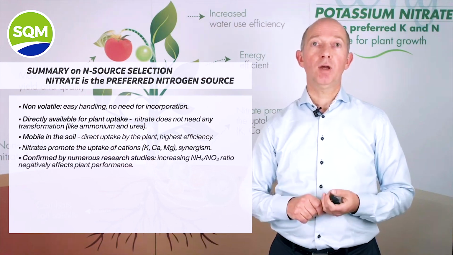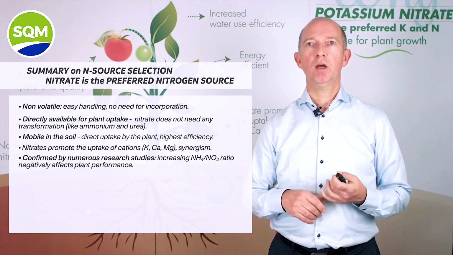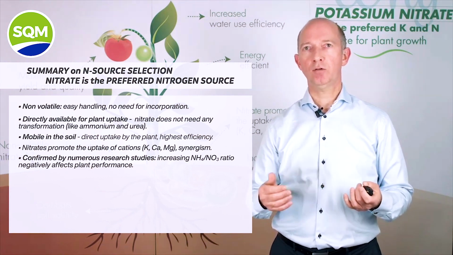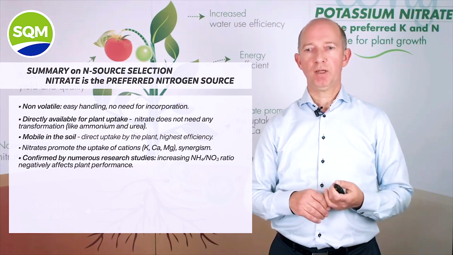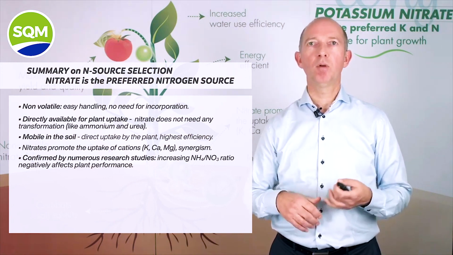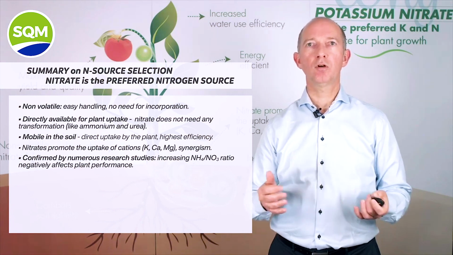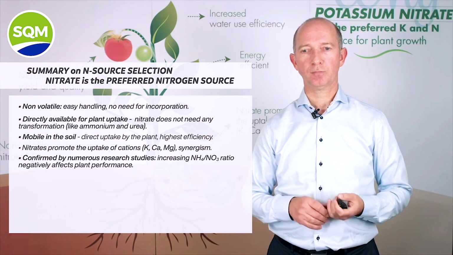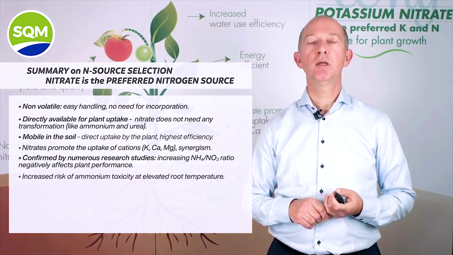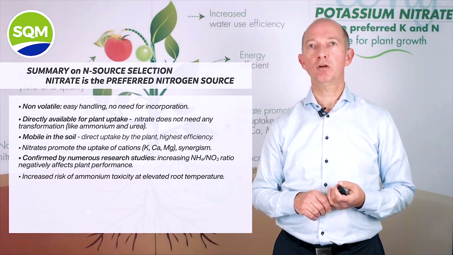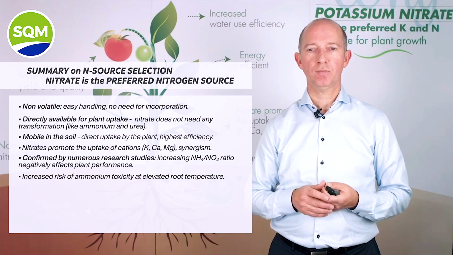It's been confirmed by numerous studies that increasing the ammonium content compared to the nitrate content negatively impacts plant performance, blossom end rot, calcium uptake, fruit quality, fruit yield, and so on. There will be an increased risk of ammonium toxicity at elevated root temperatures when ammonium is the main nitrogen source.